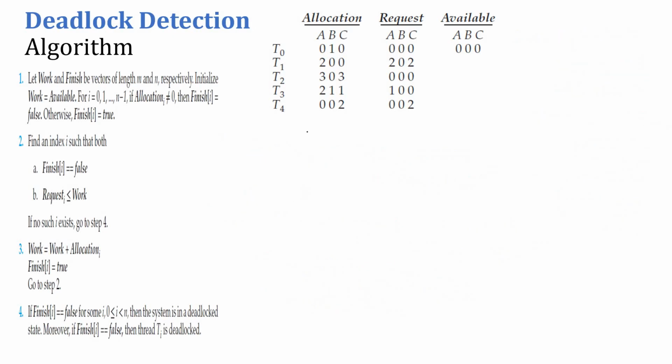So the next I equal to 4, the same condition, finish of 4 equal to false and request of 4 must be less than or equal to work. First condition satisfied.